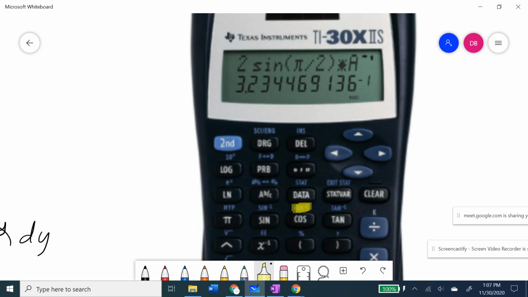So what you're going to do is you're going to push second and then this cosine button and then parentheses and then type in the division. I forget the numbers off the top of my head. End the parentheses and push enter. But you have to make sure you're in degree mode. If you look at this calculator, because it says RAD at the bottom, it's radian mode, so make sure it says degree down there instead of radian.